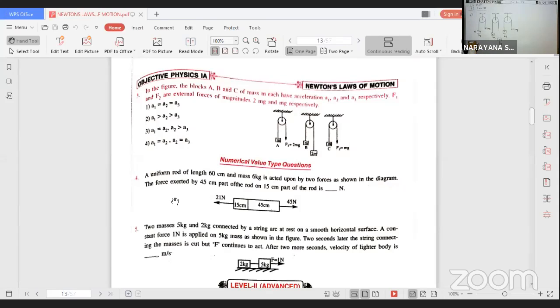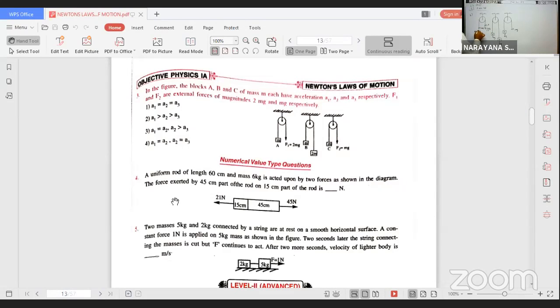Here the string is passed over the pulley. At one end a load of mass m is suspended, and at the other end it is pulled with a force equal to mg. Similarly here, it is pulled with a force equal to mg in the downward direction. They asked for the accelerations of the blocks. Here, as no block is attached, if this end of the string is pulled with a force F equal to 2 mg, that is the tension in the string. The same tension is equal to F only. Here also tension is equal to F only, and F means 2 mg.